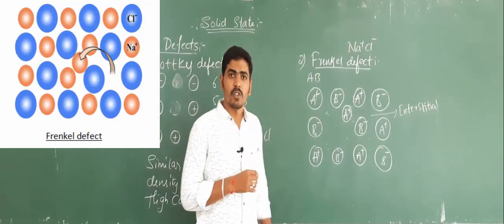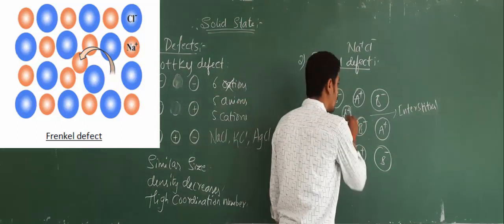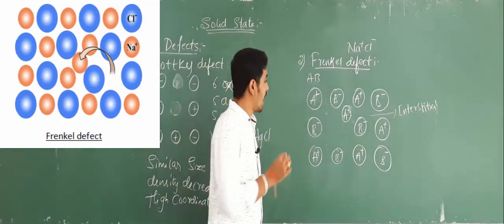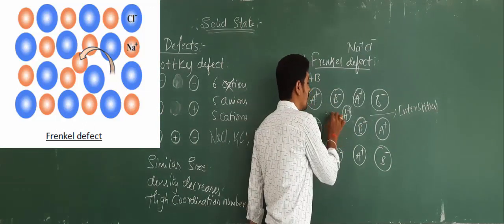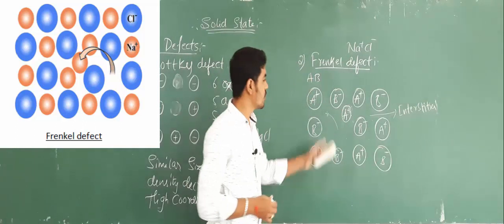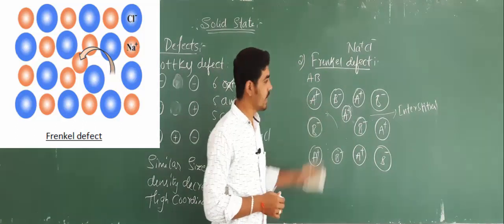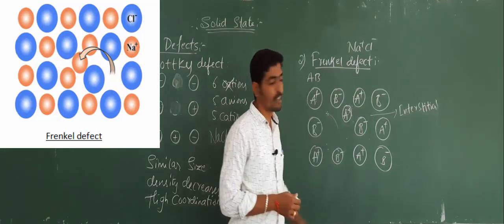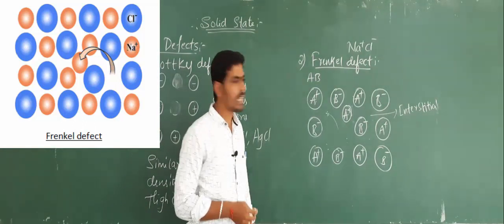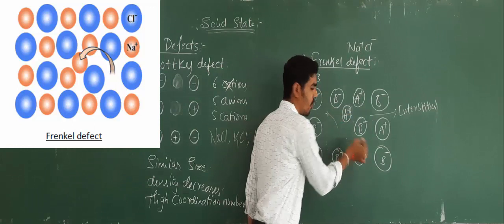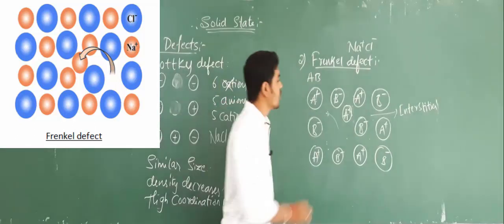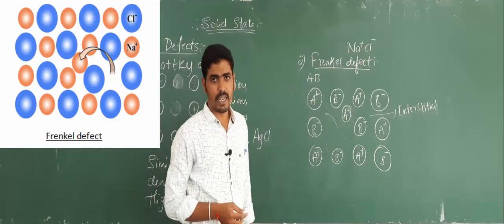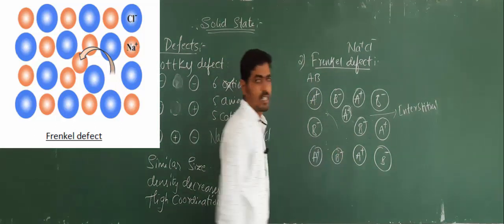So here also the cations are smaller, and those cations get dislocated from their original site to an interstitial site. It may move here, here or here, whatever it may be, it should move to the interstitial site from its original site.